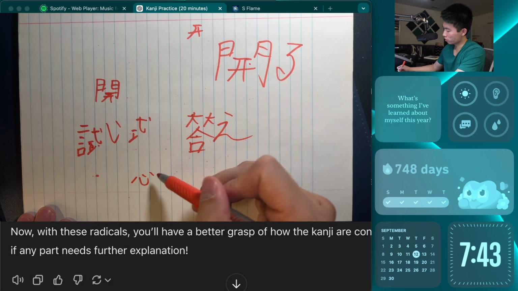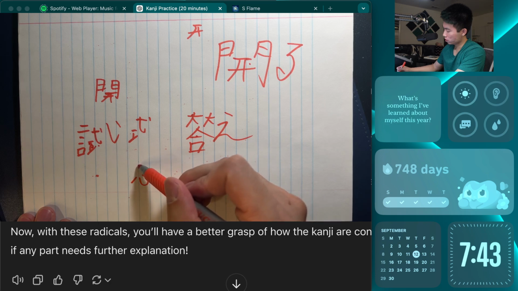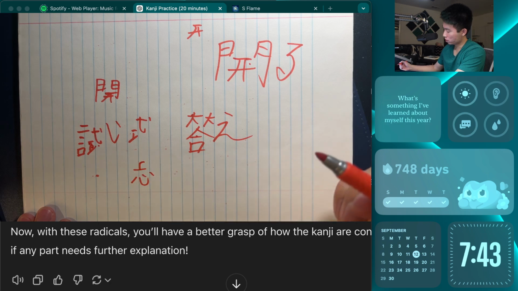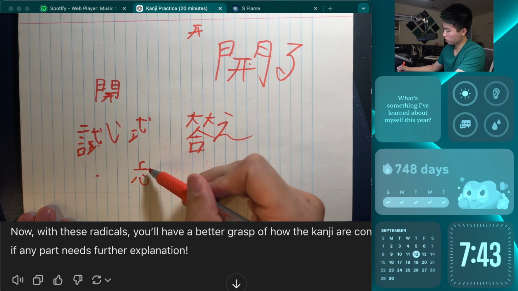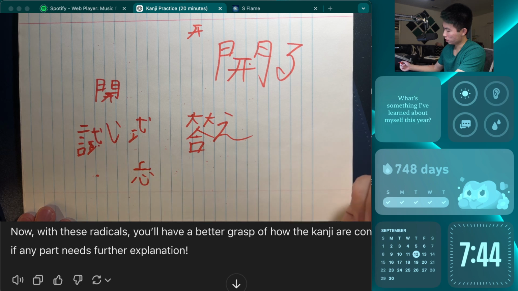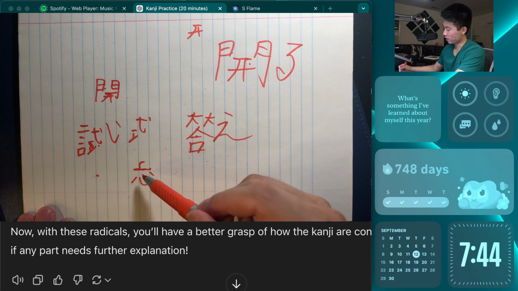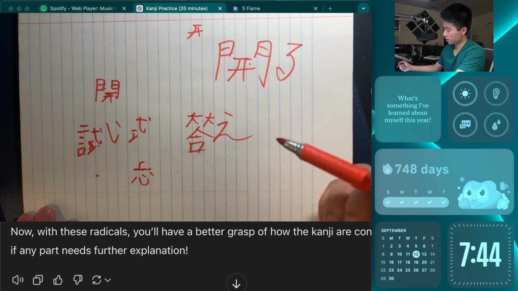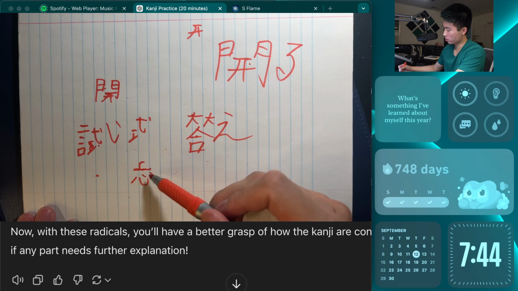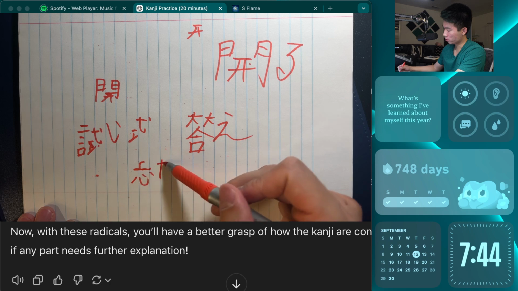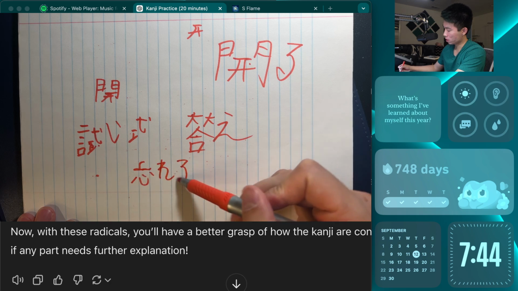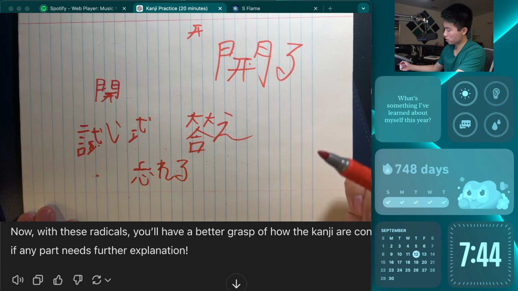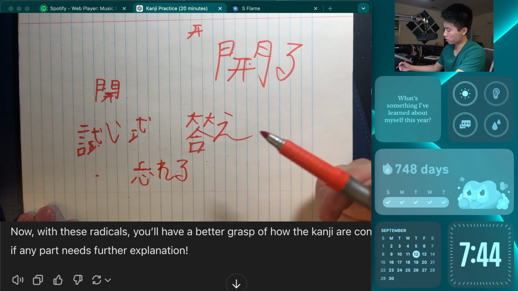And then we have, okay, forget. Let's do the heart first. And then that thing. Is that the right way? I'm not sure. Okay, something like that. And then what was the first one again? Either way, this is wasu. And then I believe we still have to do re and ru, unless re is part of this.